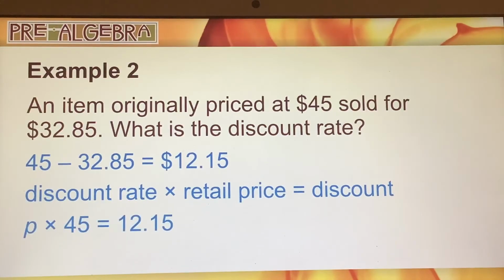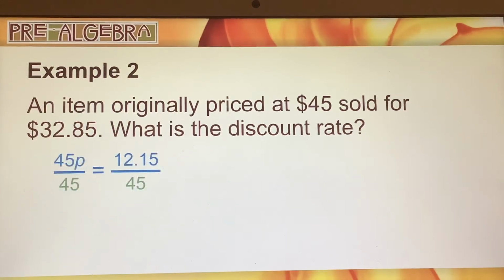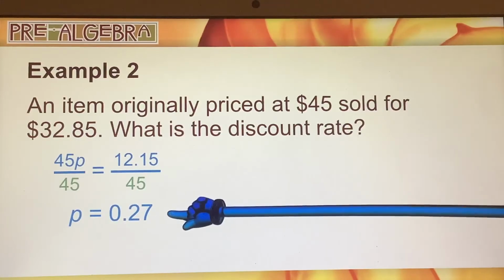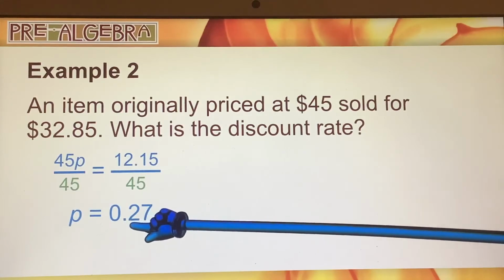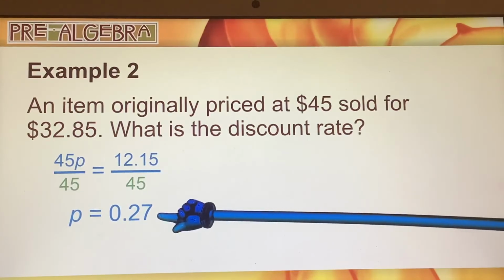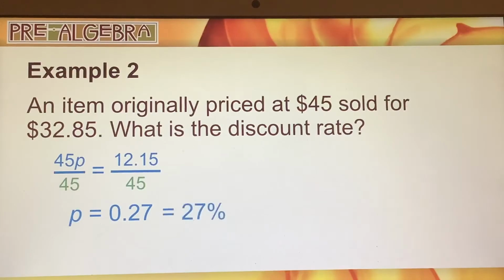So when you plug your numbers in, you have P times 45 is equal to $12.15, and you solve for P. P is going to give us 0.27. Now, when we want to take this decimal and convert it into a percent, remember, we're going to move that decimal over 2 places to the right, and you get 27%. So the discount rate is 27%.